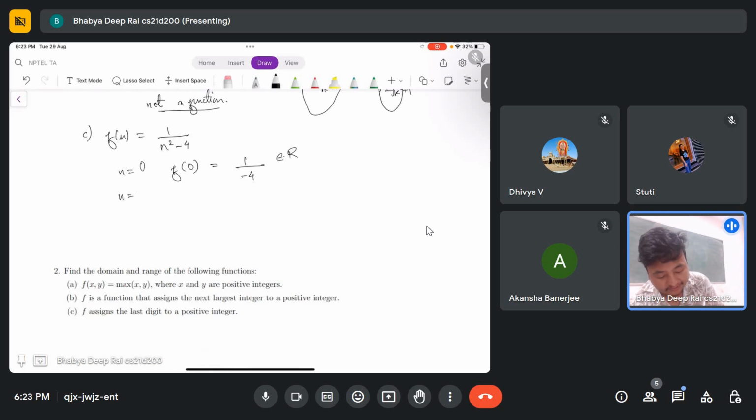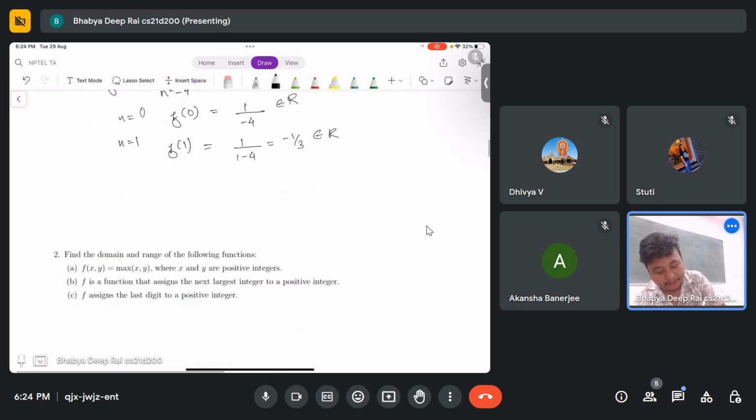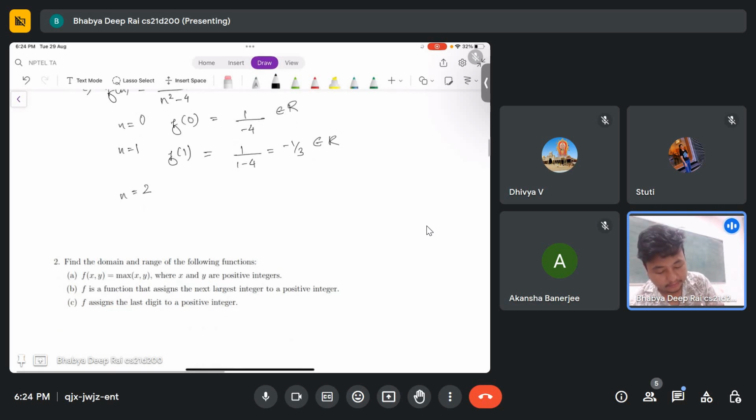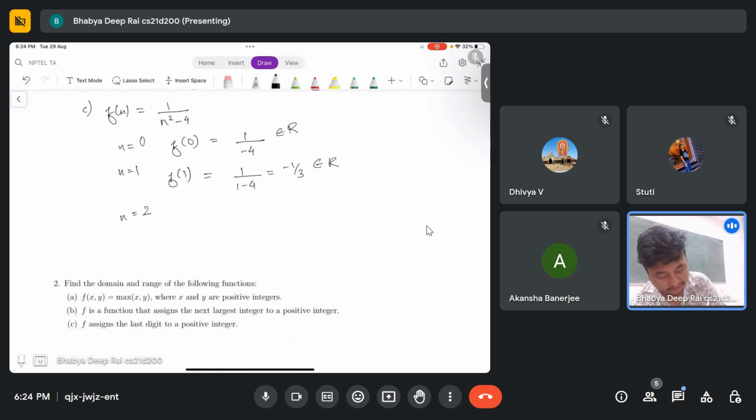And let's say n equals 1, then f of 1 equals 1 by 1 square minus 4, which is 1 by minus 3, which is minus 1 by 3, again a real number. We can go on now to, let's say, n equals 2.